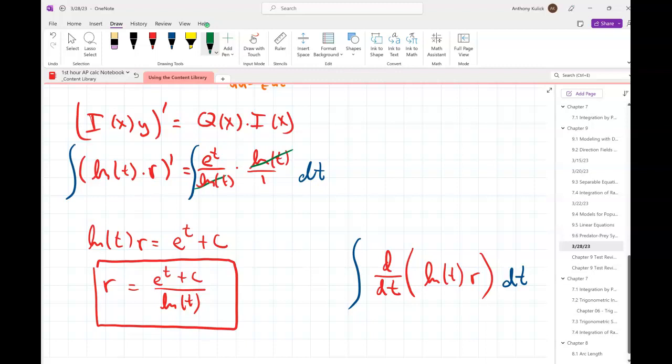They just cancel each other out. So you're left with just the integrand there, the natural log t times r. Is that okay? Which makes sense, right? What do we use to go backwards from a derivative? We use an integral. Does that feel good? You're happy?